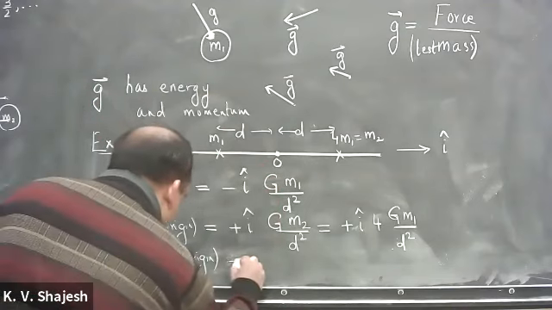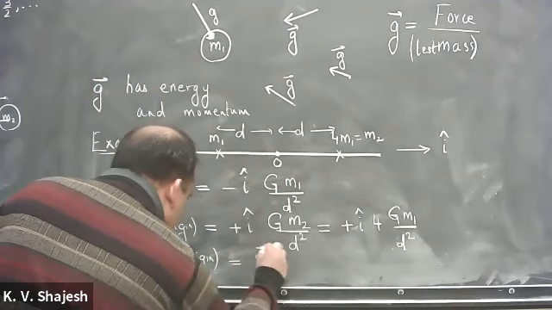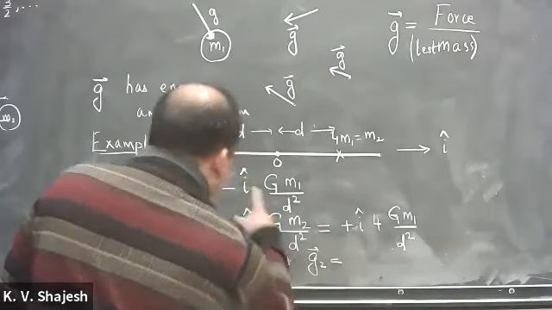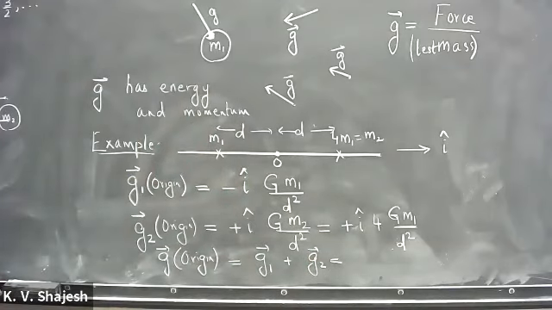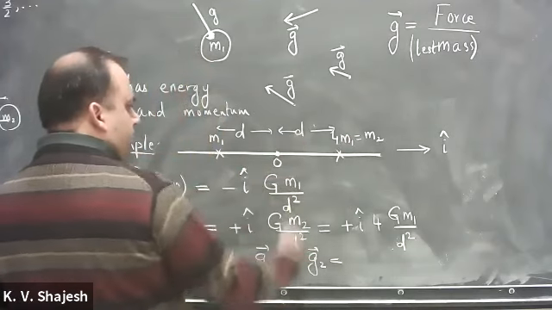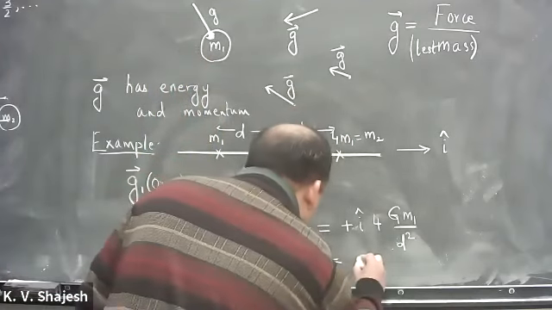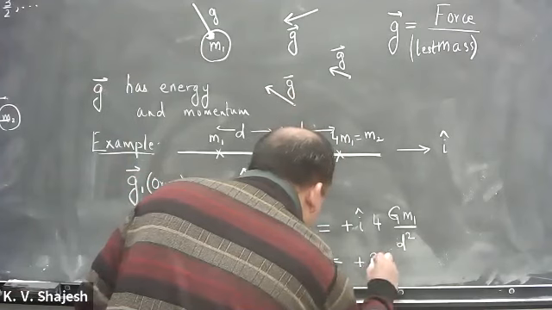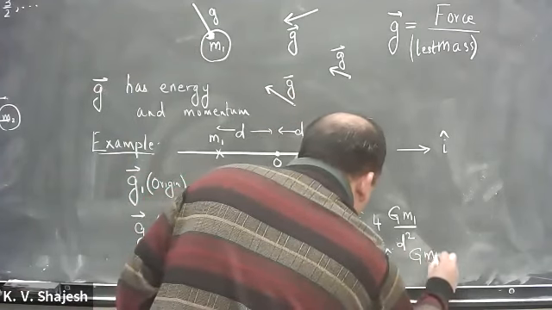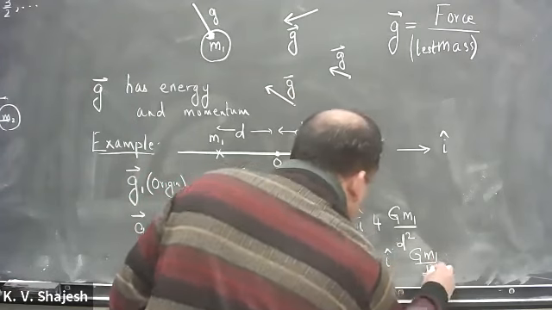So this is equal to G1 plus G2. If I add these two quantities, the second one dominates, keeping the distance the same, since the mass is larger. So this is plus 3 i hat times G M1 over d squared.